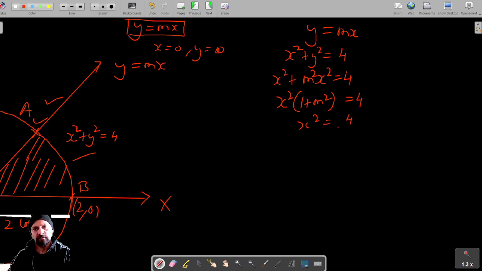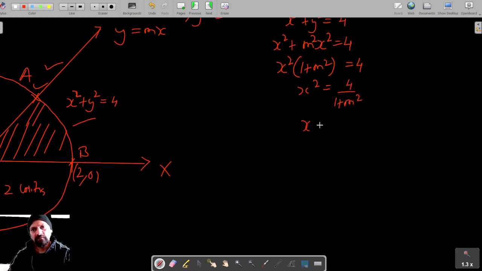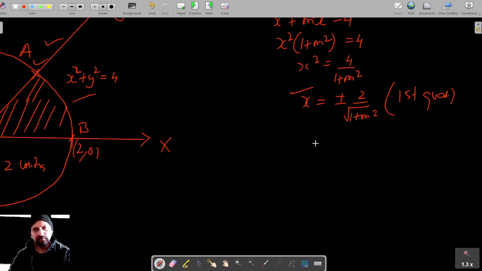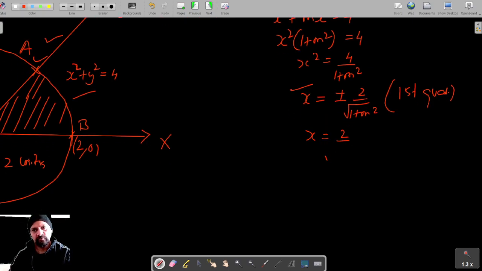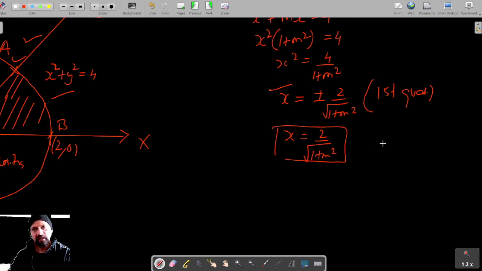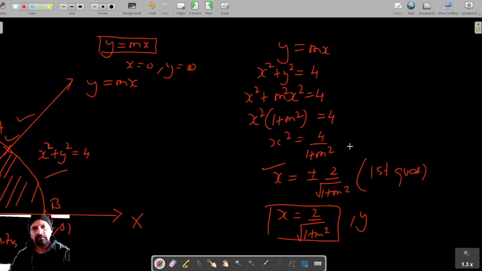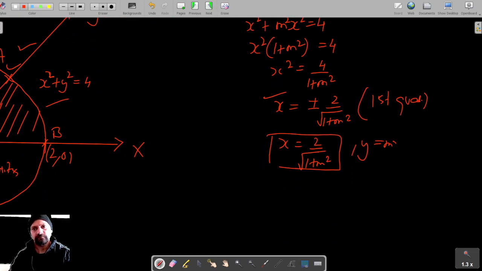So x square is equal to 4 upon 1 plus m square, which gives the value of x as plus minus 2 upon root of 1 plus m square. But because we are in the first quadrant, x is positive, so x is 2 upon under root 1 plus m square, and y is mx.